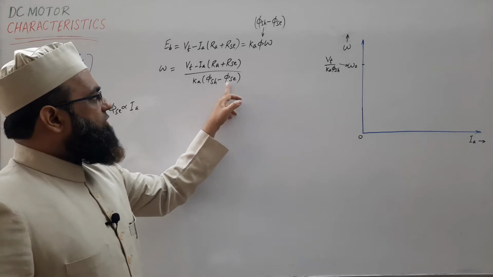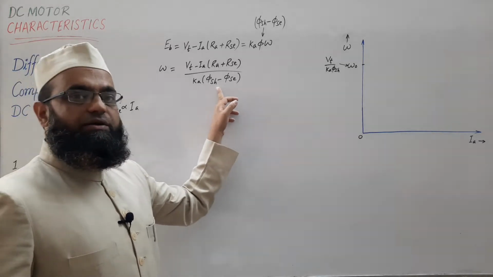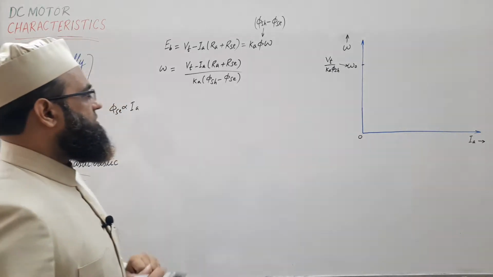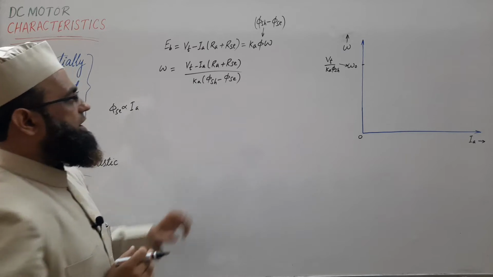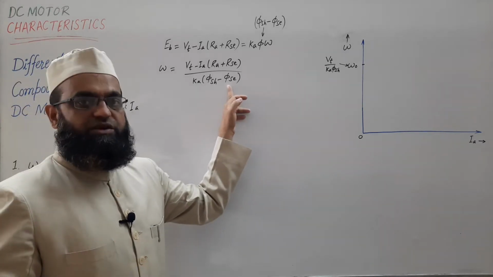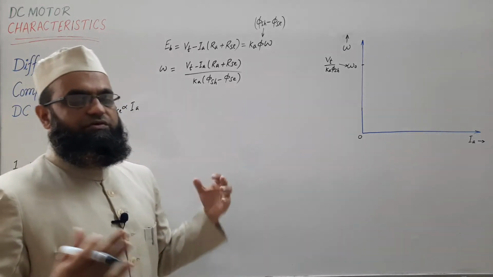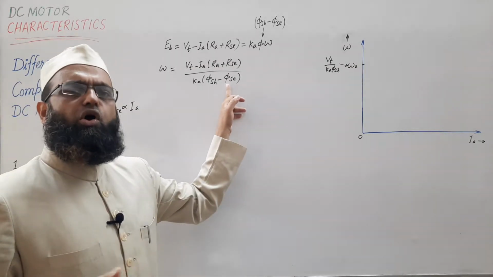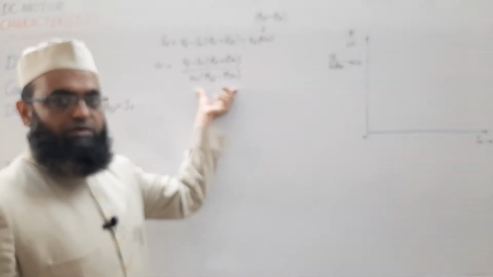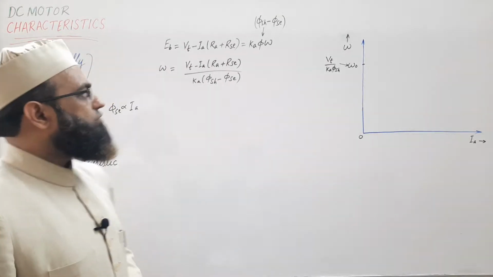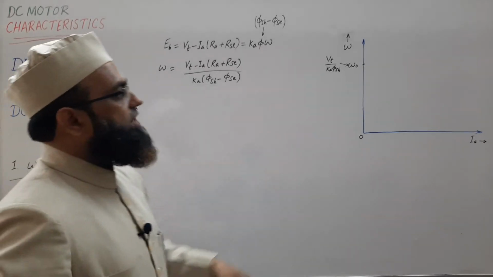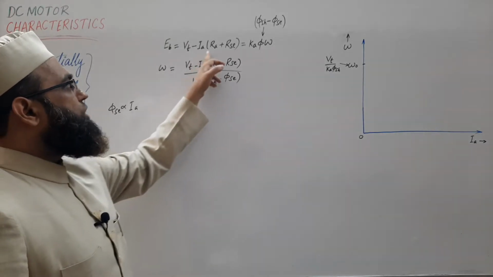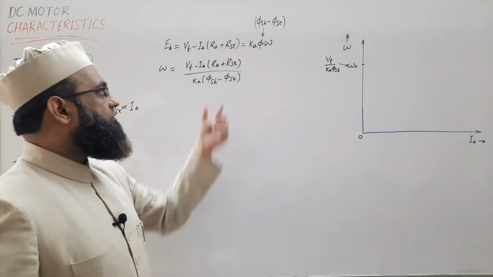At low value of Ia, the impact of phi se on phi sh will be negligible, very small. It means we can say that at low value of Ia, phi sh dominates phi se. Suppose phi sh is very large, so a small increase in this will not have much impact. In other words, at lower value of Ia, the impact of the numerator is more than the impact of the denominator.